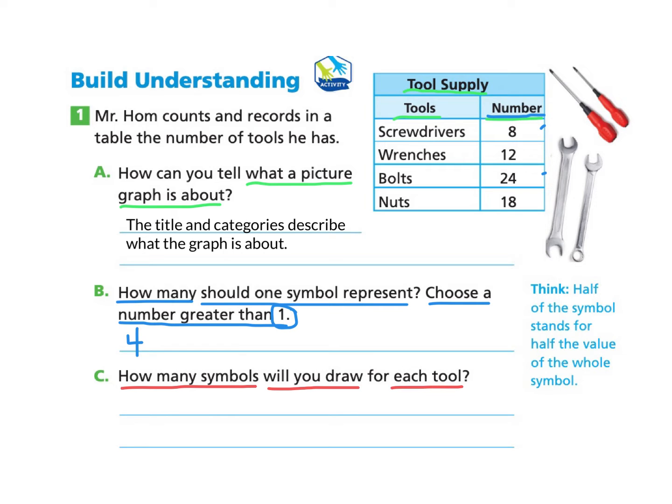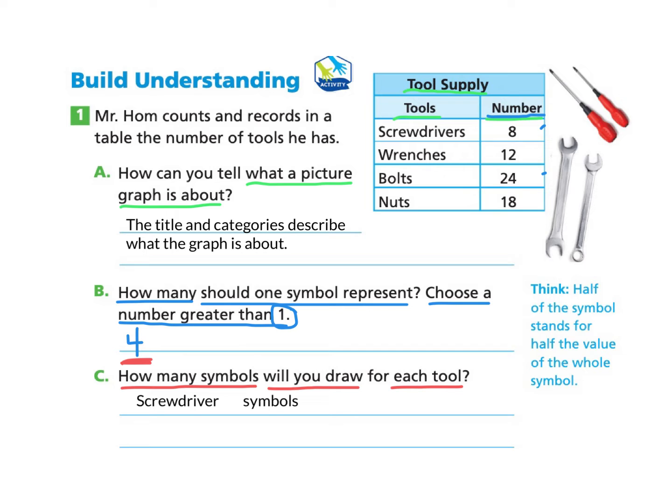So now I'm going to look and see using the symbol that we create. I'm going to say that each symbol counts for 4. So I'm taking a look at each number. Starting with screwdriver, there are 8 screwdrivers.